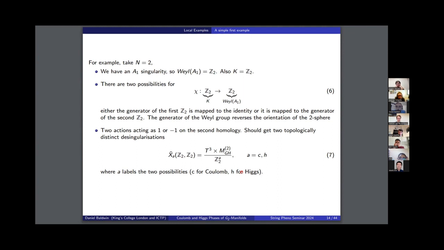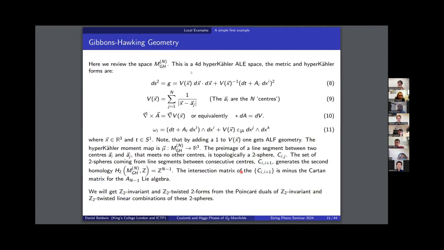So now just quickly review this n-centered Gibbons-Hawking space. It's a 4D hyperkähler asymptotically locally Euclidean manifold, and the metric and hyperkähler forms are given here. In the metric in equation 8, x is a coordinate on R3, and t is a coordinate on a circle.